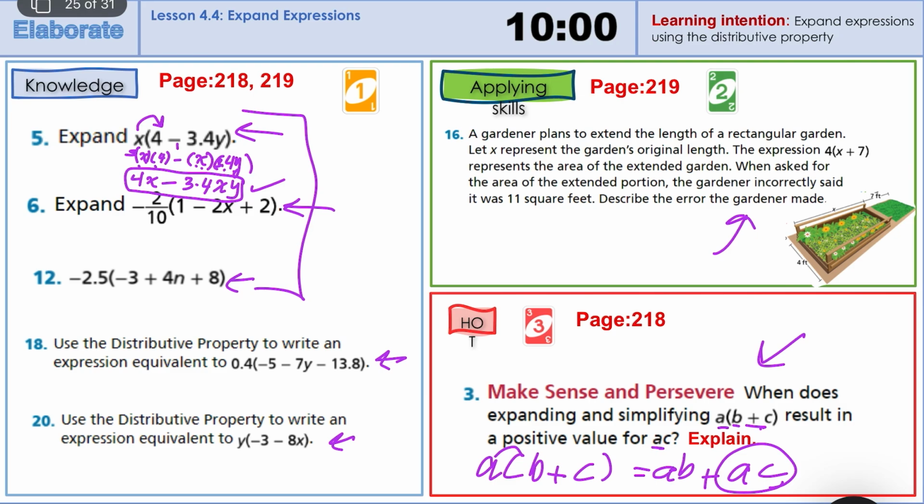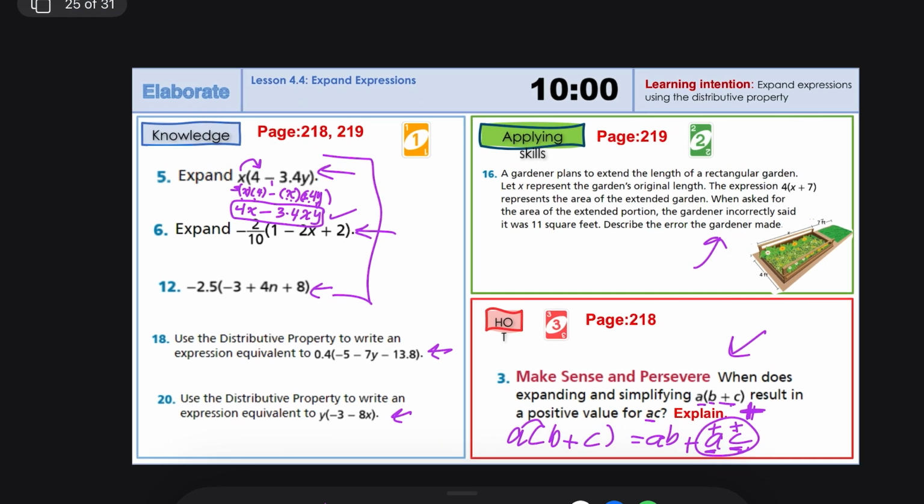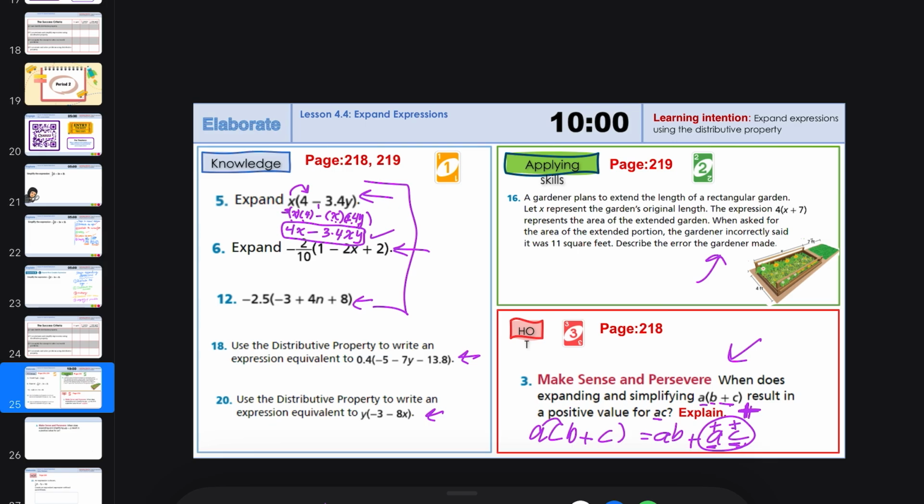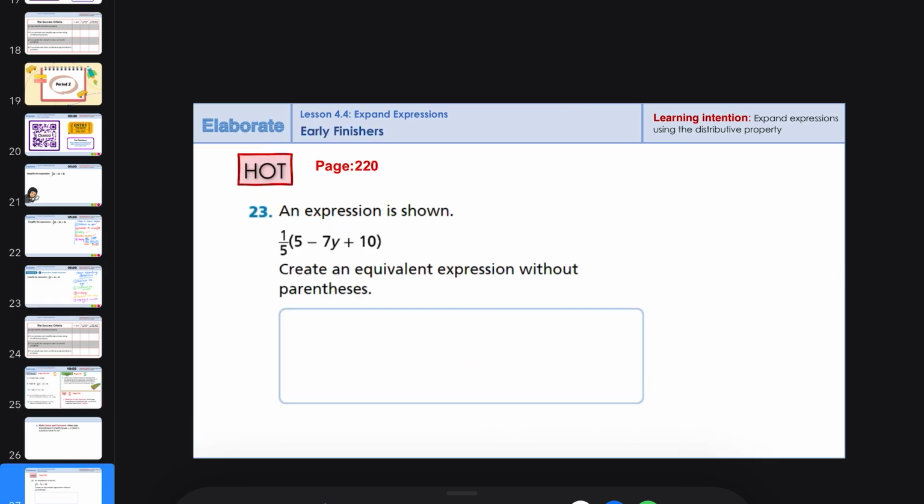It's basically if a is positive and c is positive, when I multiply them, the answer will be positive. And also if a is negative and c is negative, when I multiply them, the answer will also be positive. So this is the answer. You can check it in the book page, answer key, for a more formal answer.